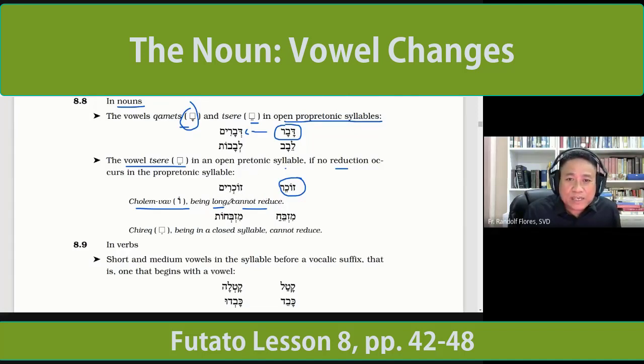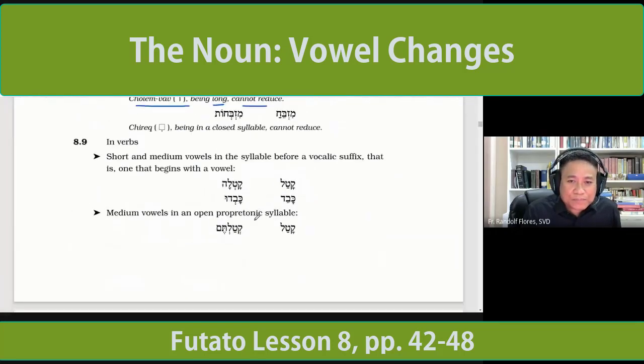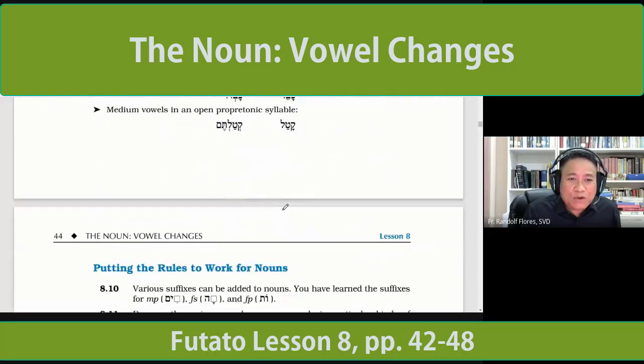No change at all except the pretonic syllable, because it is long. So you have ke there instead of sere. So and so forth and so on.